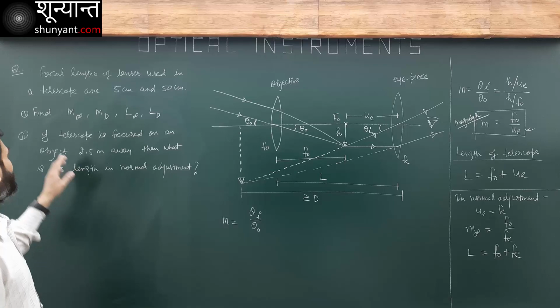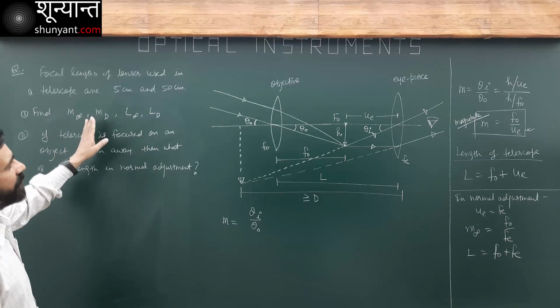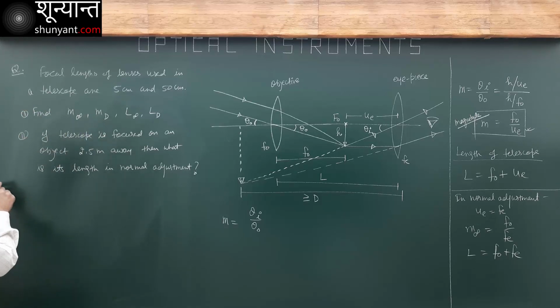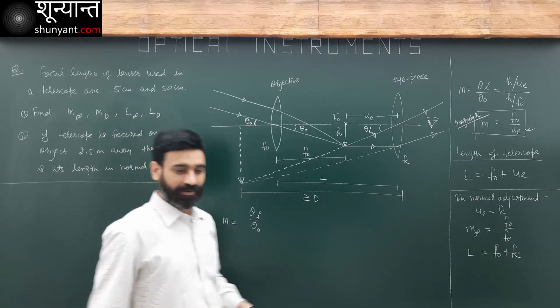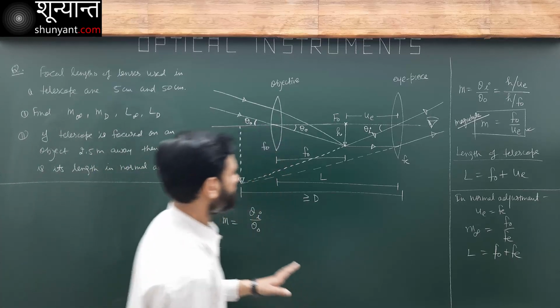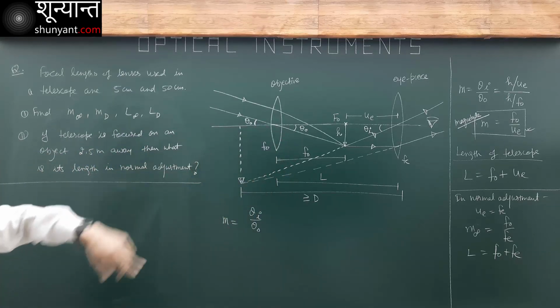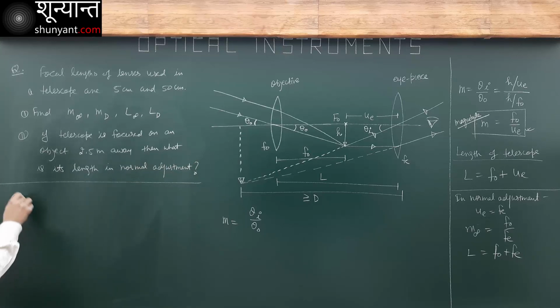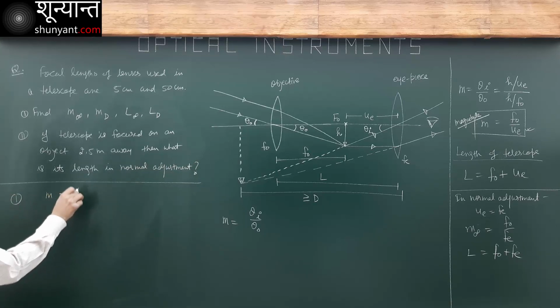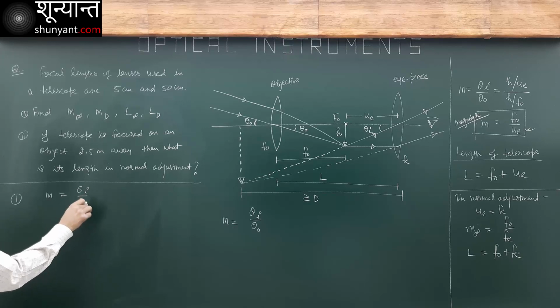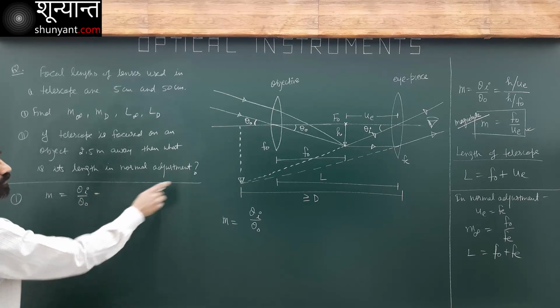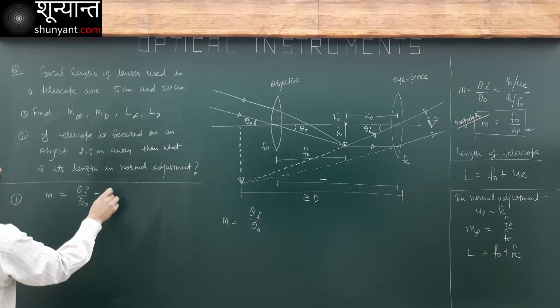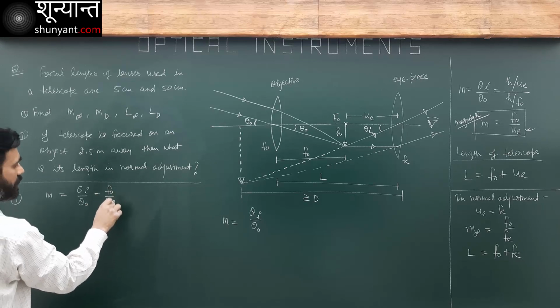Let's do these two problems. Let's do this first. Note down the problem, solve it. It's pretty much easy. This is the magnification. So in the first case, m in any case is theta I over theta O, which turns out to be equal to FO over UE.